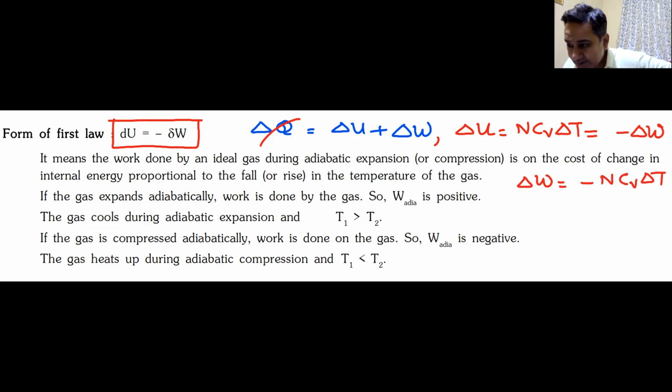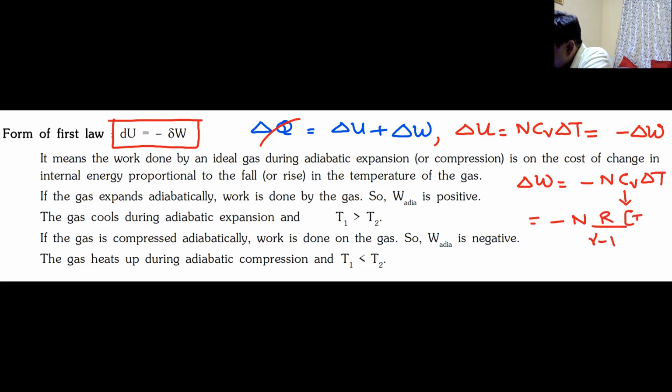Now see how that formula comes, which you might find difficult to understand. The value of Cv, as we have seen in the previous classes, is R upon gamma minus 1. So I put the value: minus nR upon gamma minus 1, into delta T, which is T2 minus T1.